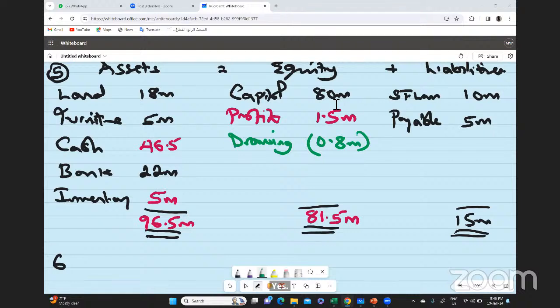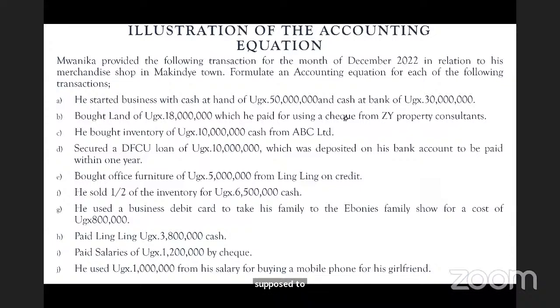I have a question on transaction 6. Isn't the 5 million supposed to affect equity? No. We are selling half of the inventory.